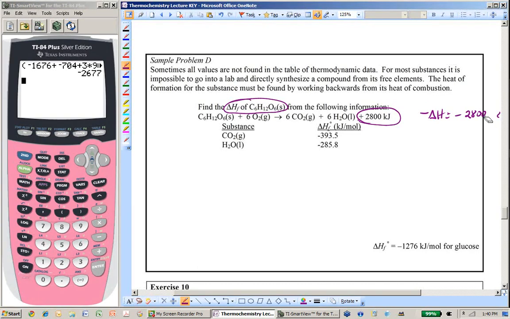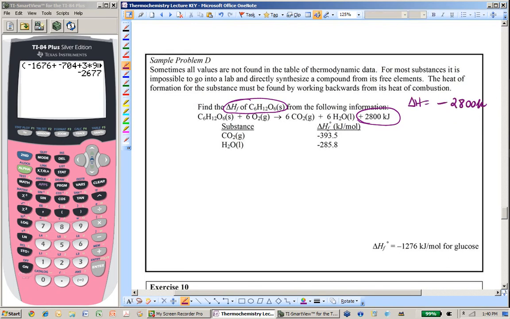Delta H is equal to negative 2,800 kilojoules. It has a negative delta H, was my point. Now, if you see it on the other side coming in as a reactant, that heat quantity, then you know it's endo. It's going to have a positive sign. So they told me the delta H of the reaction in a roundabout way.